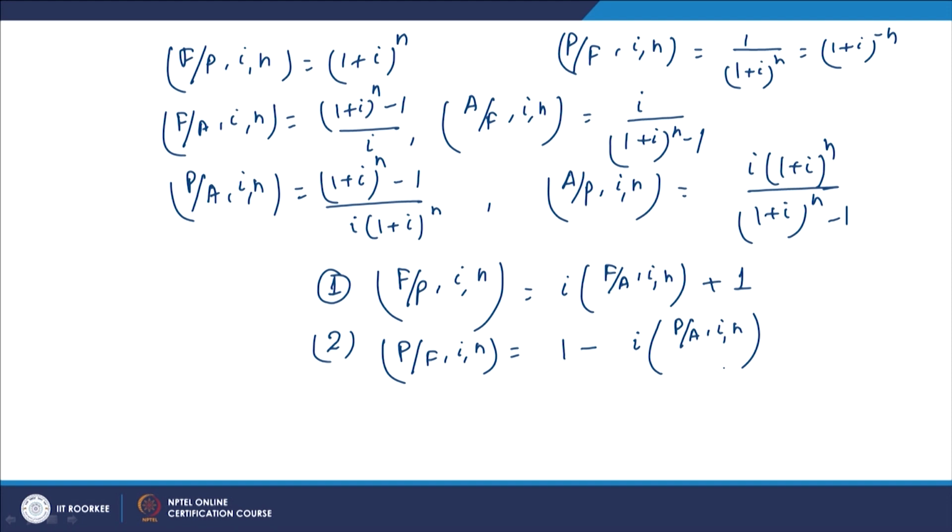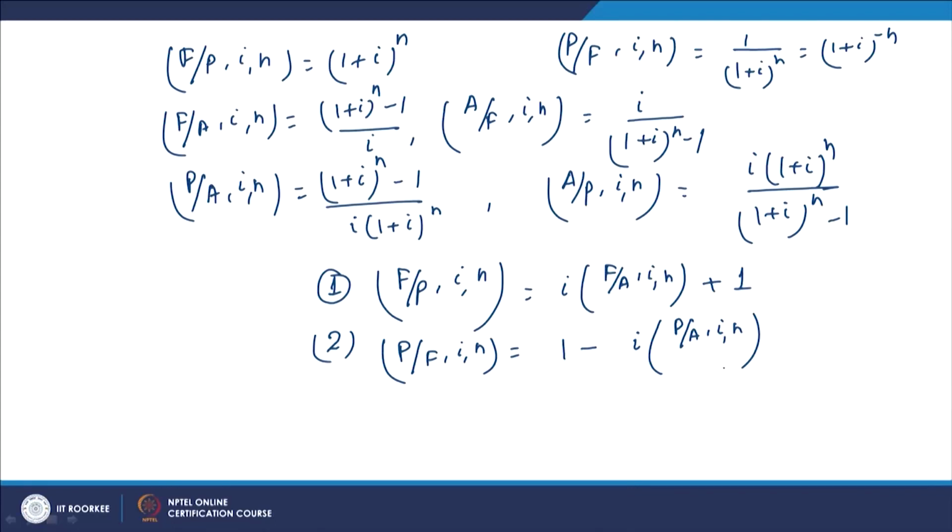So you will have this term, and when it is subtracted from 1, then the (1 plus i)^n term will go, and you will have only one term remaining, 1 by (1 plus i) raised to the power n, and 1 by (1 plus i) raised to the power n is nothing but P by F, i, n. So you are getting this as the next relationship. Once you know one factor, P by F, i, n, you can find P by A, i, n. So this expression can be further used.